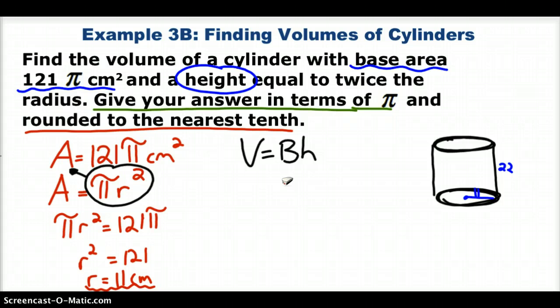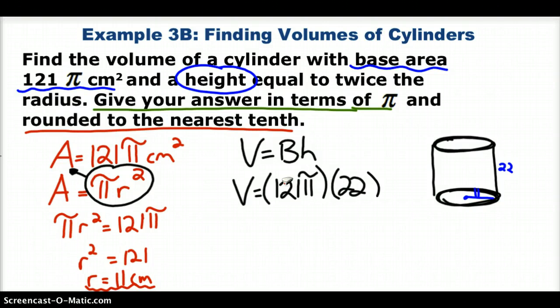Okay, and so I'm just going to say that my volume is going to be equal to 121 pi multiplied by our height, which is 22. Remember, we have two answers because they want one of them in terms of pi, so I'll take 121 times 22 and attach pi to it. So our volume is going to be 2,662 pi cubic centimeters.